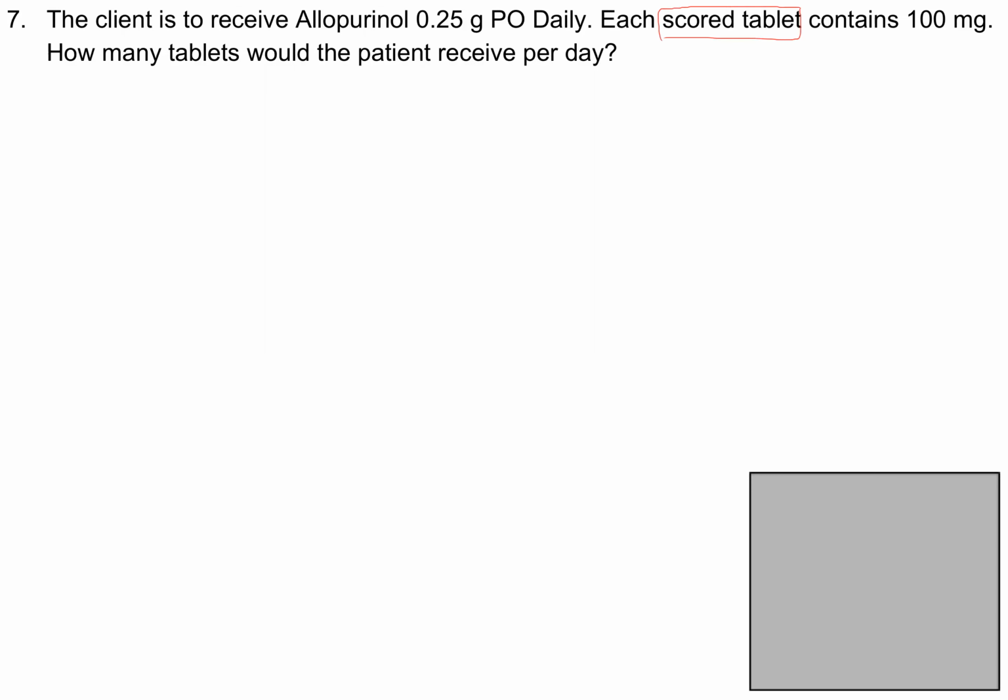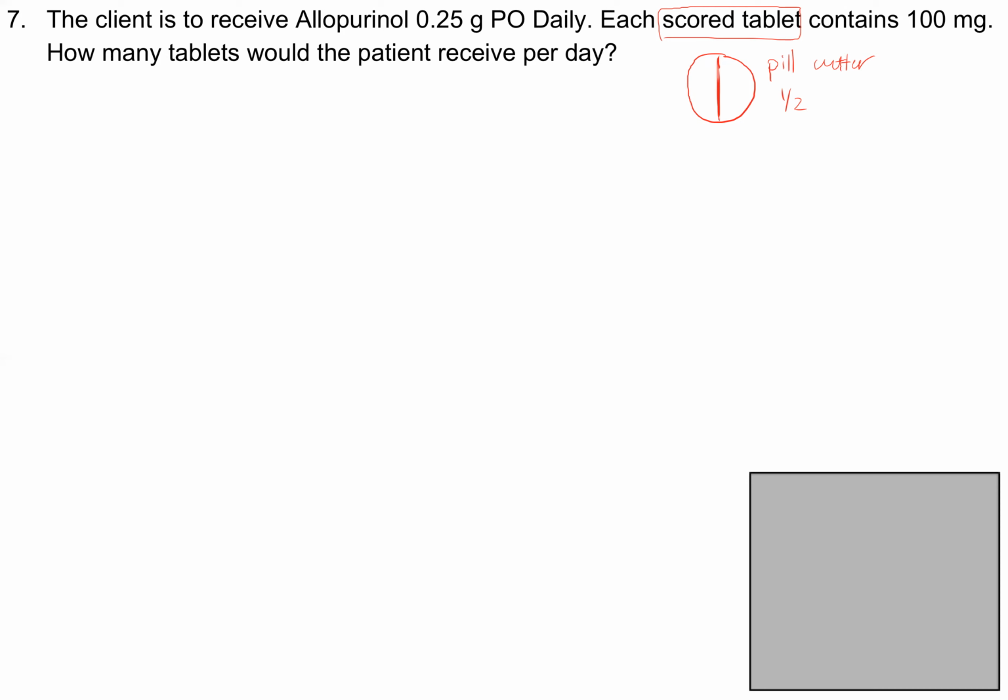A scored tablet is a tablet that looks like this, and there's an indentation that looks like this, which means that you can use a pill cutter to appropriately cut the pill in half. So that means if our answer ends up with a half tablet, it is an appropriate answer.